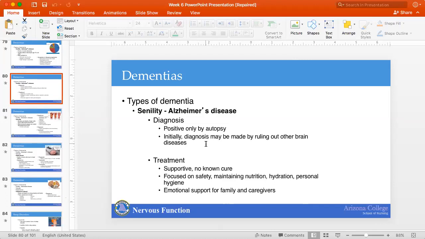Treatment is supportive, no known cure, focused on safety, maintaining nutrition, hydration, personal hygiene, emotional support for family and caregivers. It will be very difficult for the family and caregivers trying to take care of somebody who has more progressed Alzheimer's disease or any type of dementia.